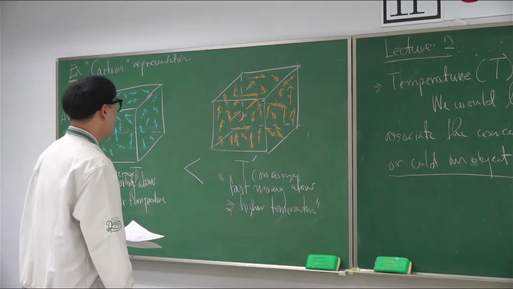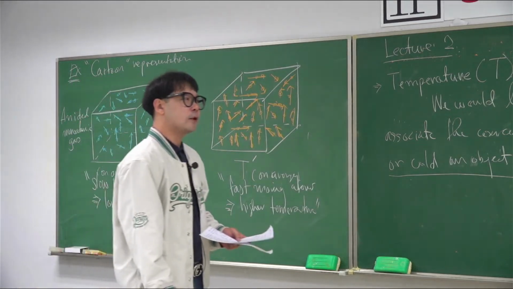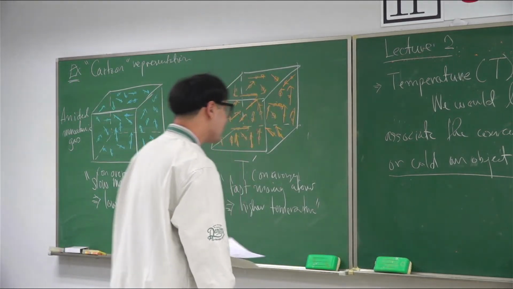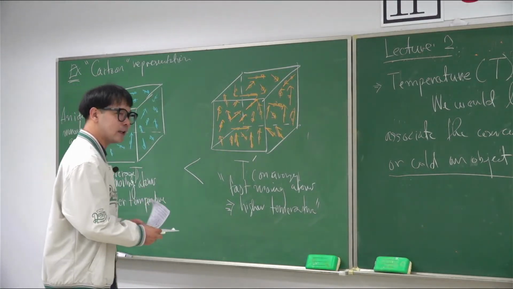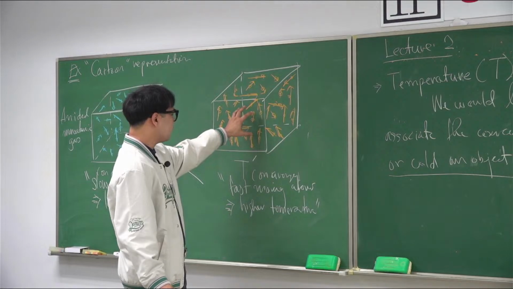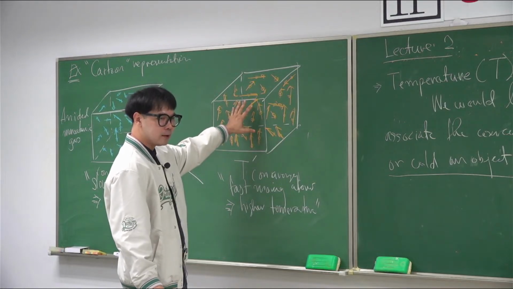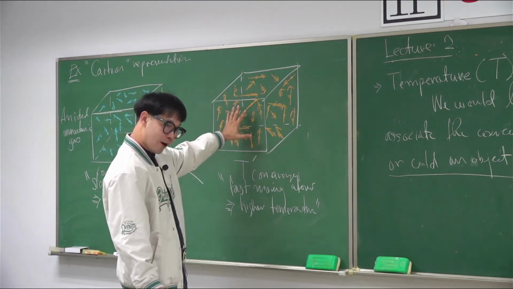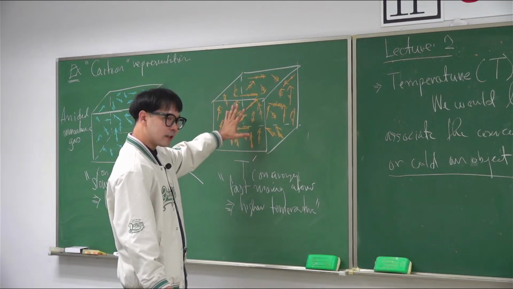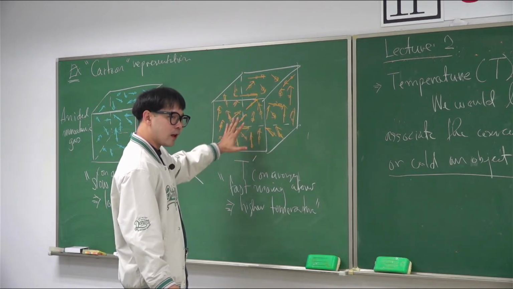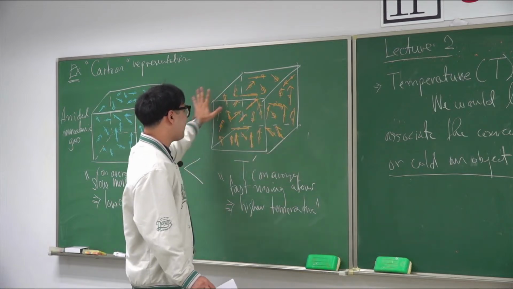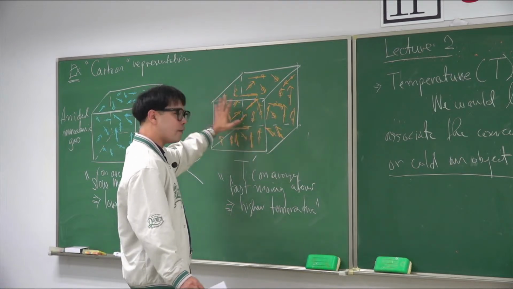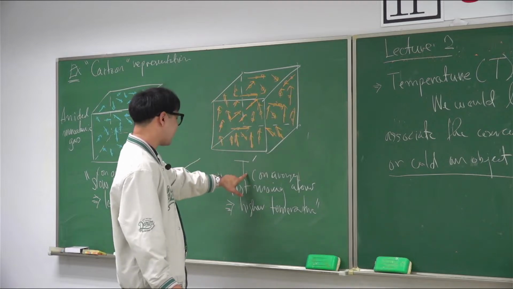I would like to emphasize again, we are not going to look into what really happens in this box now, but we know that when you look at this at the microscopic level, you get a quantity called temperature.